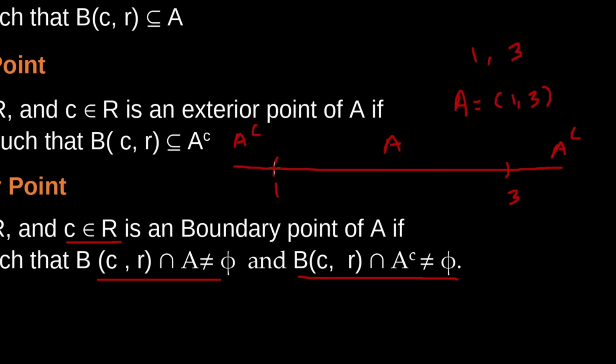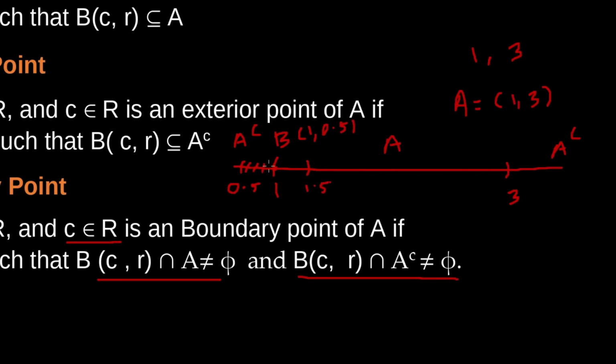For every ball that we create at the point 1, let's say the ball with center 1 and radius 0.5, this is an open interval with endpoints 0.5 and 1.5.